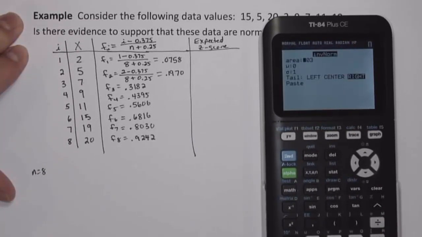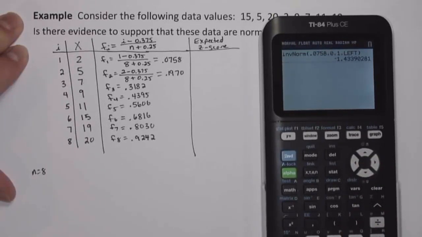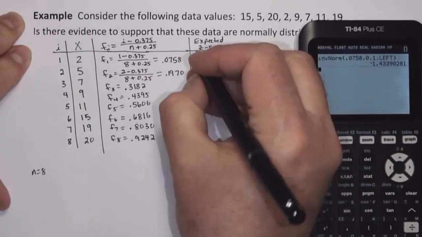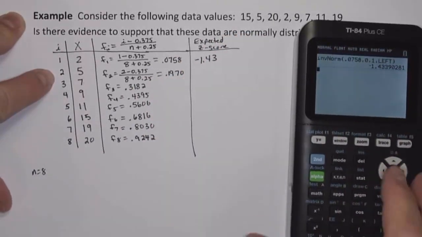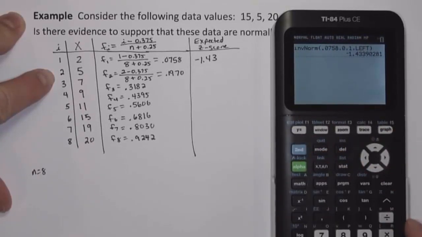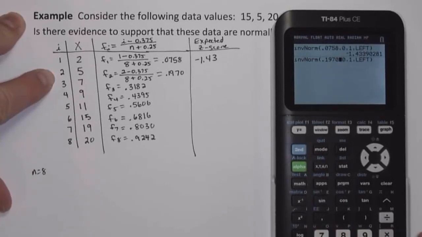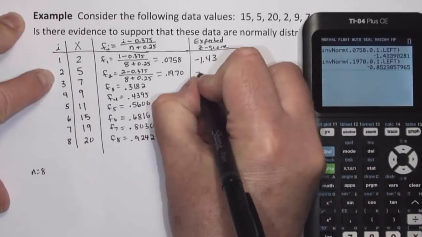Okay? So inverse norm of 0.0758, mean of 0, standard deviation is 1, that's the area to the left. And so that z-score would be about negative 1.43. Next, the area is 0.1970, and so that would be about negative 0.85.